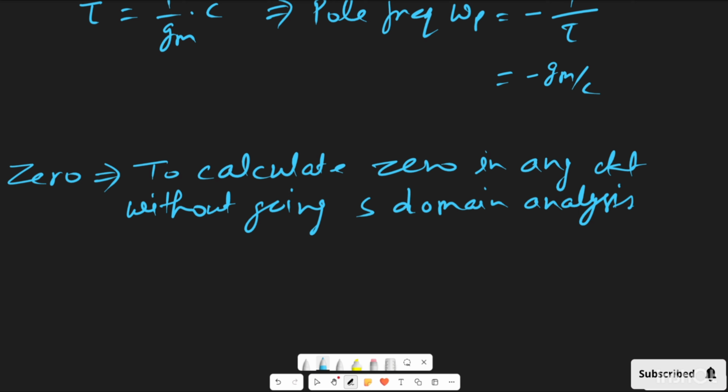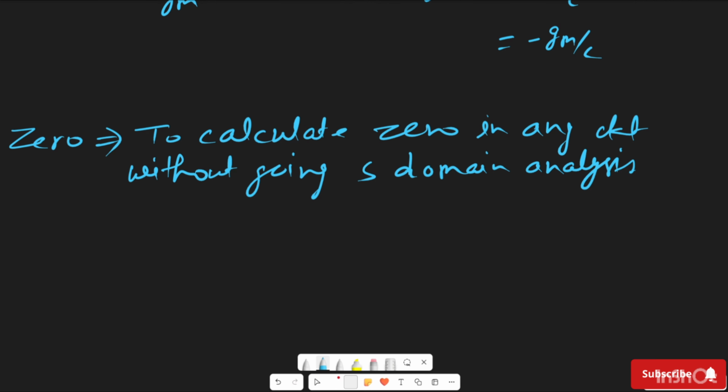We have a differential equation, and to make a linear equation of that differential equation, we go to the S domain. So we will not use the differential equation, and we will not go to the S domain. We will directly calculate the zero, and we will not calculate the transfer function, we will calculate the zero directly.